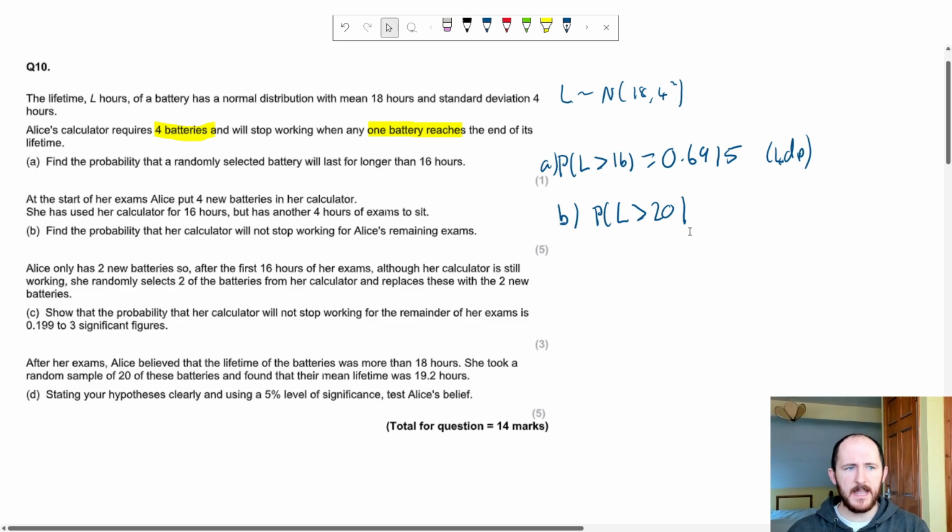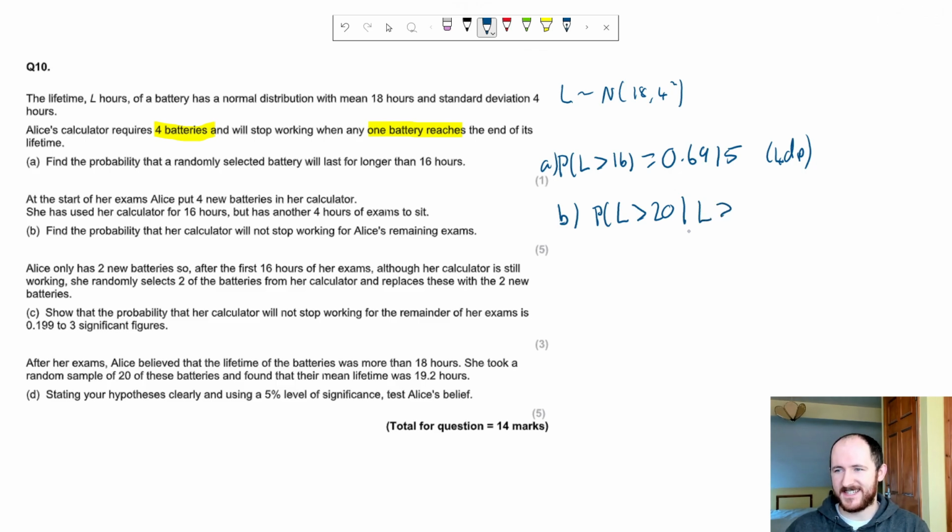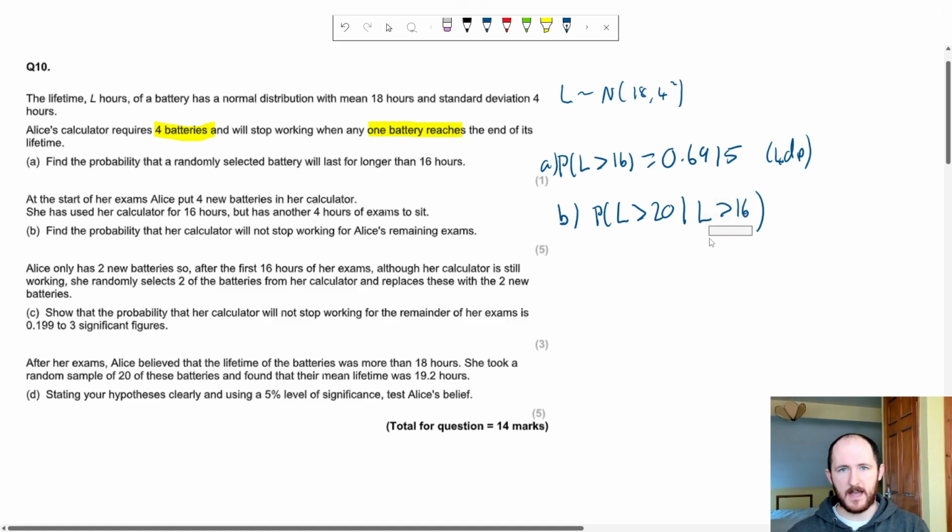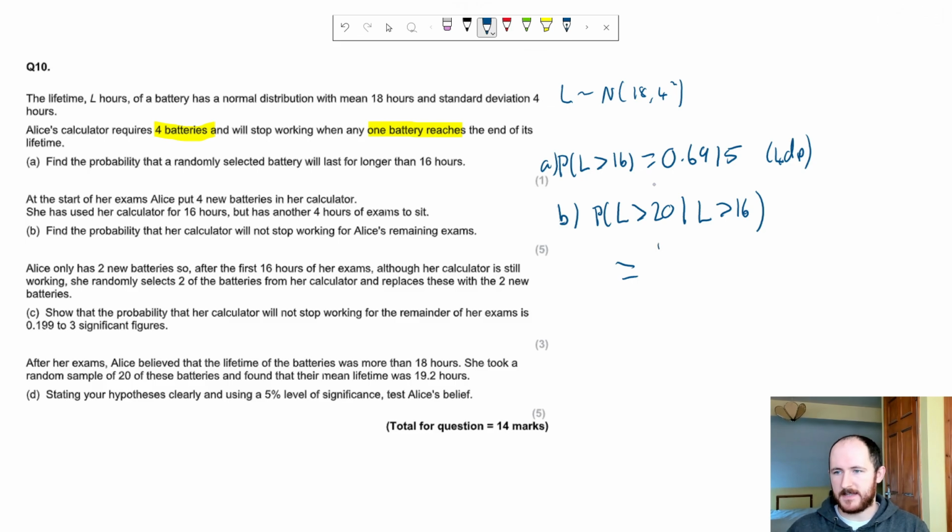And it's given that it has already lasted for 16 hours. So we know that it's lasted longer than 16 hours already, but we want the probability that it will last more than 20 hours. So I hope that I've made that somewhat clear. To work that out, you need the probability that L is greater than 20, and you divide it by the probability that L is greater than 16.